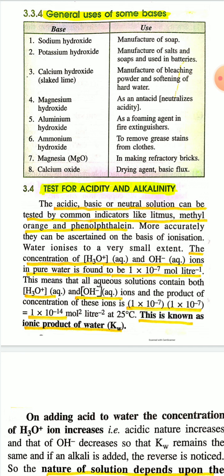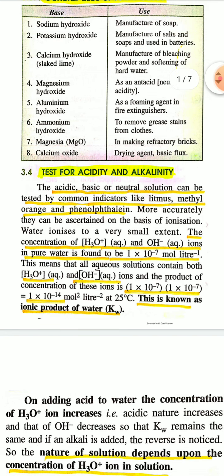And the concentrations of H3O+ ion, hydronium ion, and OH- ion in pure water are the same, and the value of concentration of H3O+ ion and OH- ion in case of pure water is 1 x 10^-7 mole per liter.